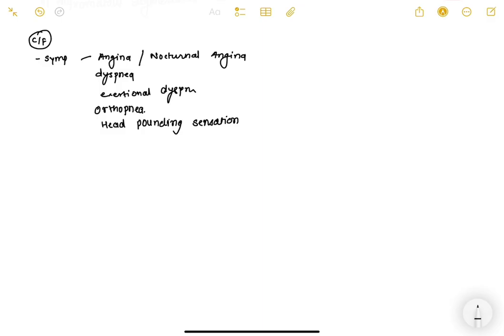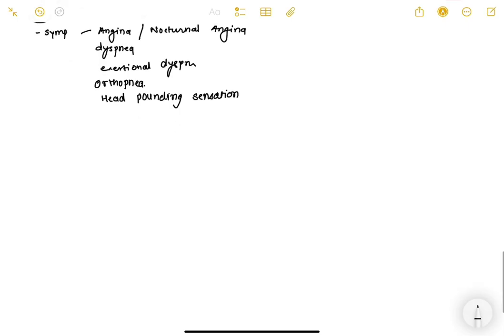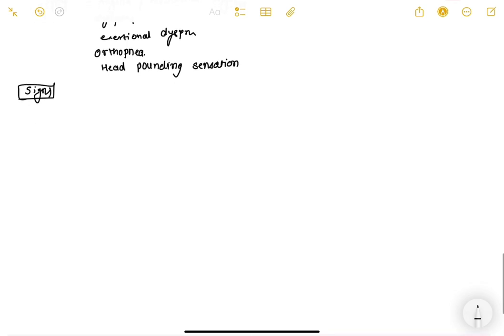So with these clinical features, what findings can we get? So there are many signs. There is a long list of signs that we have to remember, and it is very important for your clinical examination and your future perspective.